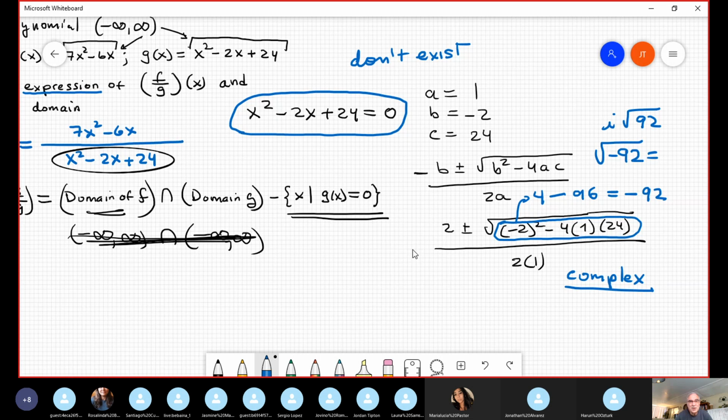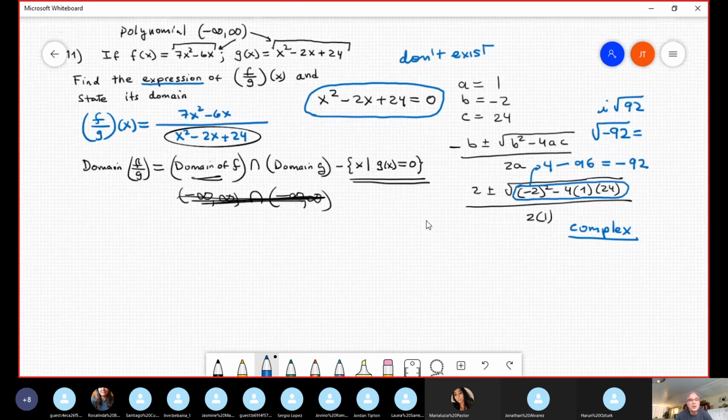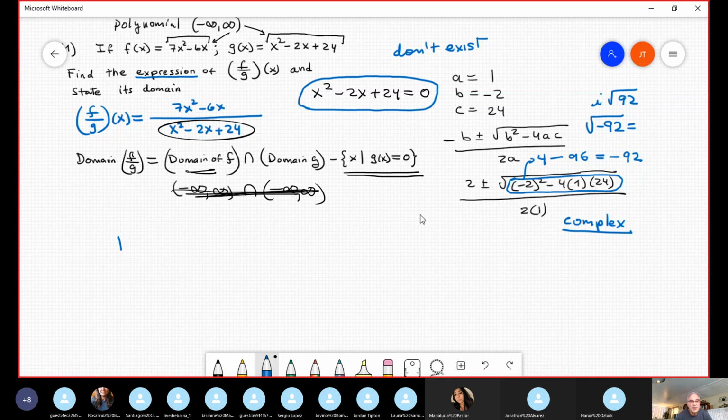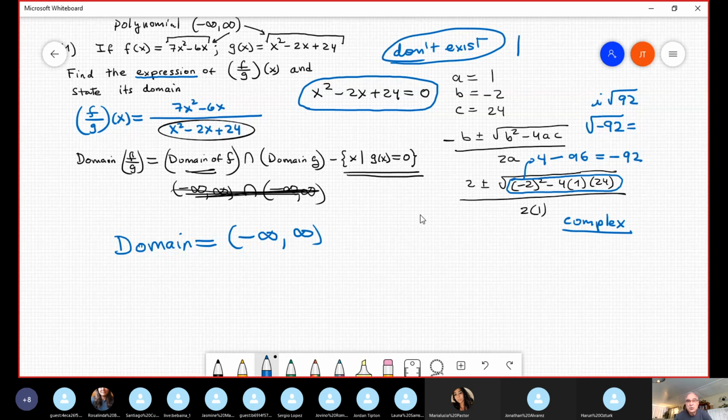What, in your opinion, is the domain for the new function we create with the division of f and g? It's obvious, it's all real numbers. The domain is all real numbers because the restriction I try to find does not exist.